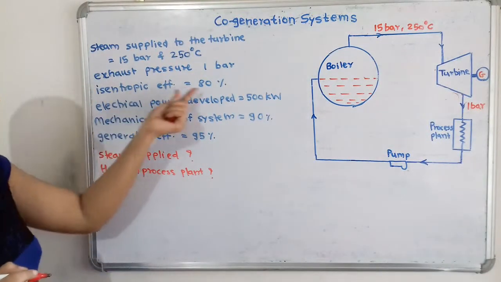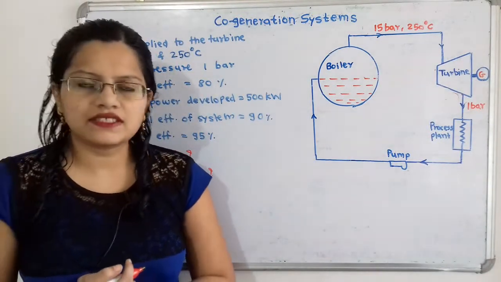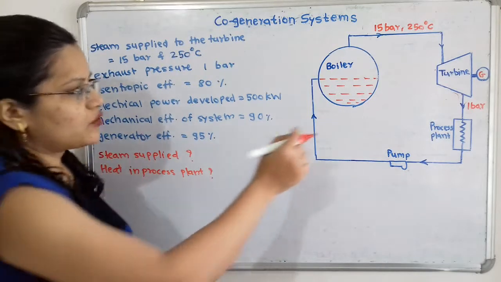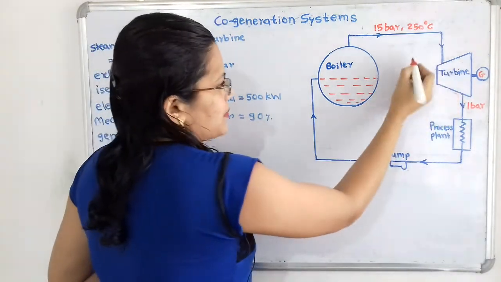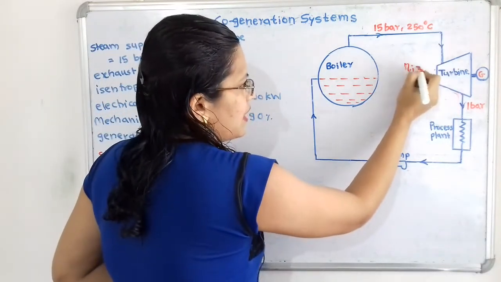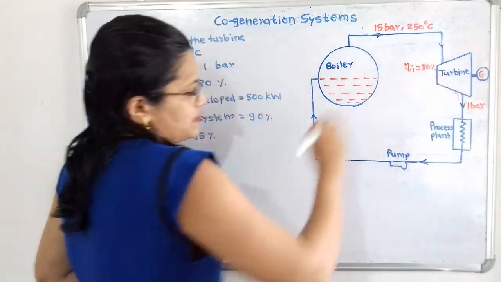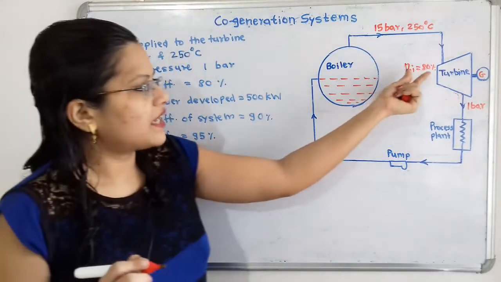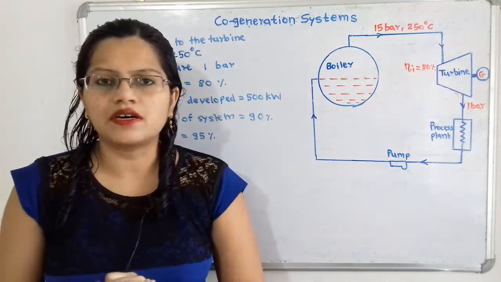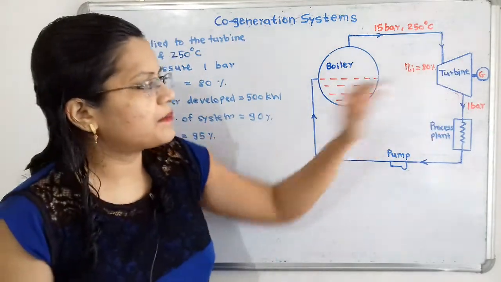Now the isentropic efficiency is given, that is 80%. Isentropic expansion is taking place in the turbine, so isentropic efficiency eta I is equal to 80%. Now we will understand how to use this term to find the enthalpy at point 2.